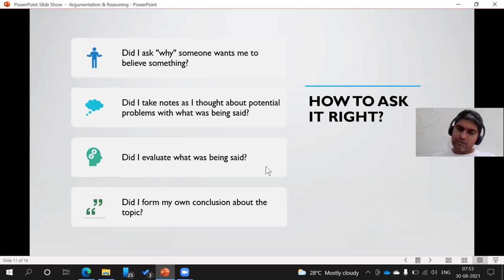Are you accepting it just because, say, it's a famous academician or a famous researcher or a person who is considered an expert in the domain? Are you believing this person, or are you actually evaluating the argument on the basis of which it is being said? If you believe that experts say all things right, then there should be no academic rivalries.